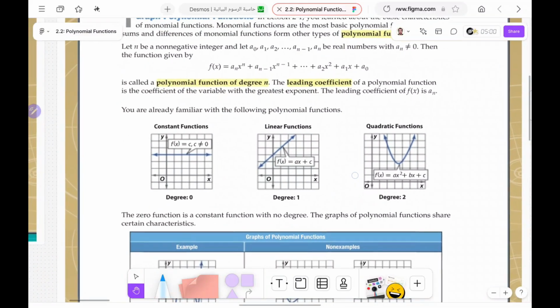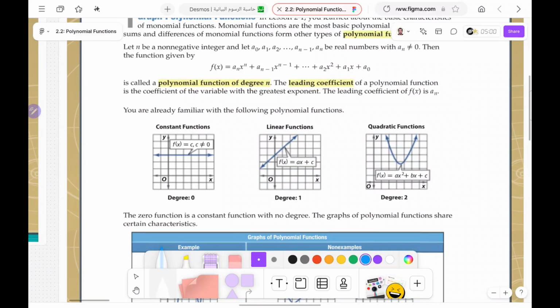Now, before we start, let's go through some polynomials you are familiar with, like constant functions. A constant function example is y equals 5, y equals 6, y equals 7, or whatever. All of these are considered polynomial functions, constant functions, sorry. Then we have the linear function. You know that the linear function formula is mx plus b, right?